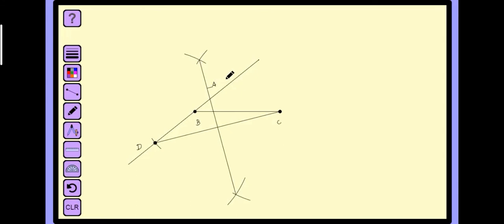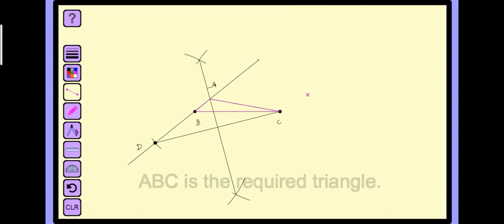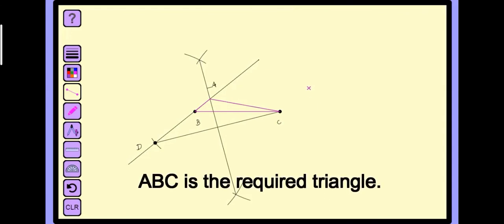Now this is your point A, and now join AC. If you observe the diagram, here segment AB is less than AC, so AC minus AB is equal to 3 centimeter. So this is your required triangle.